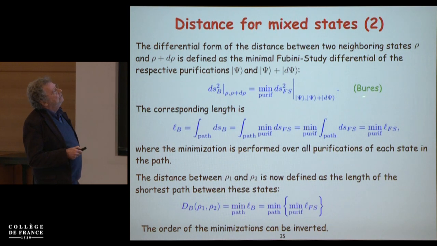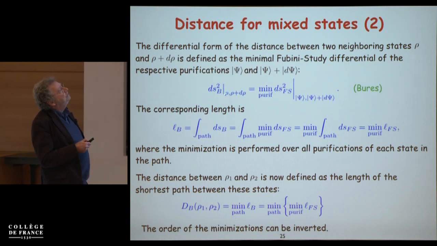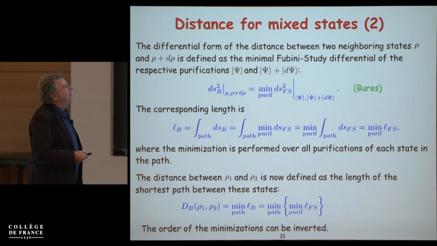First, we use the definition given by Bures of the differential form of the distance between two neighboring states, rho and rho plus d rho, okay? Two close by density matrices.